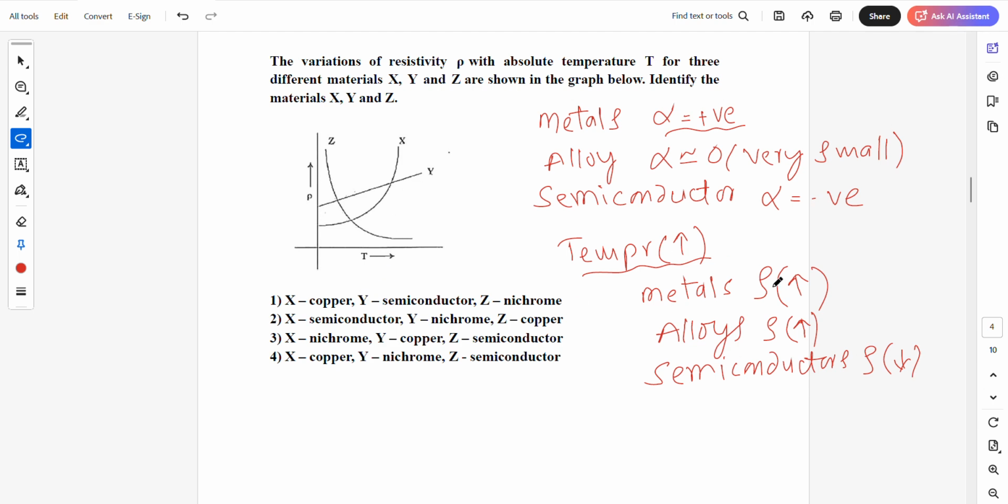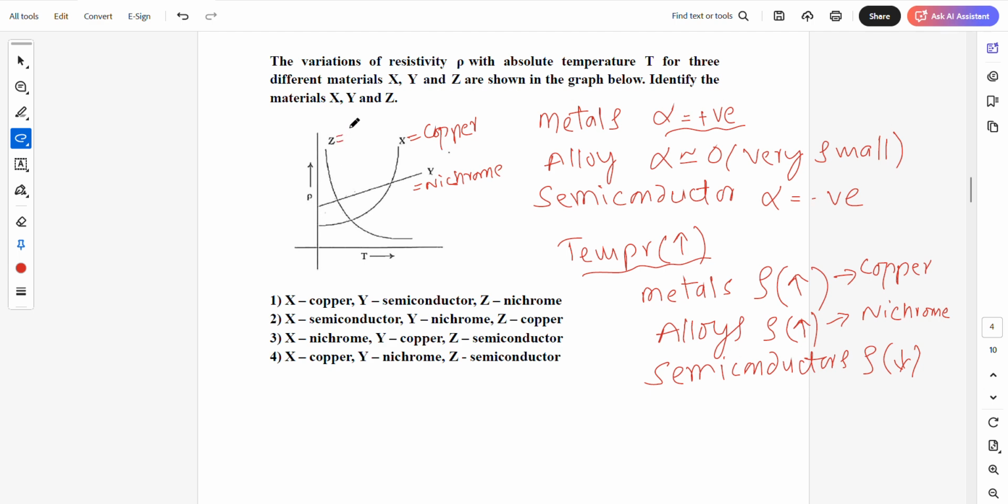Now here, copper is a metal, and nichrome is an alloy, and here is a semiconductor. X is copper, its resistivity is increasing. Y is nichrome, it is increasing but slowly. Z is the semiconductor, resistivity decreases.